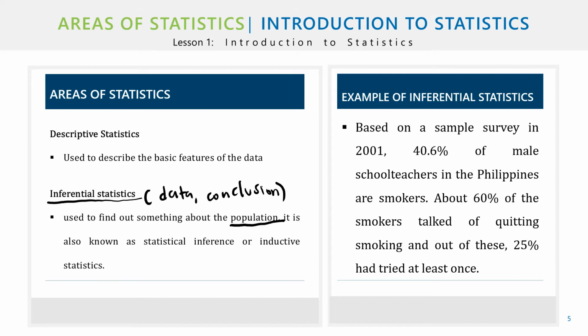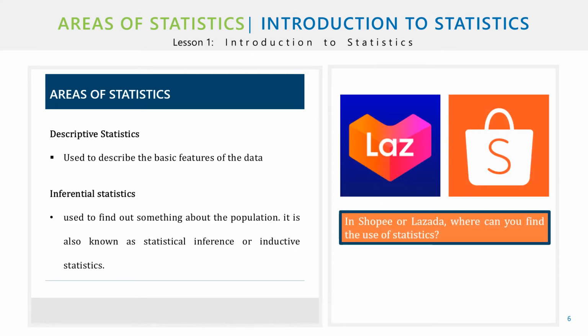Okay? So now, my question is, in Shopee or Lazada, where can you find the use of statistics? I'm going to answer it. Di ba, in Shopee or Lazada, we can find the answer in the ratings, which is by giving them stars.